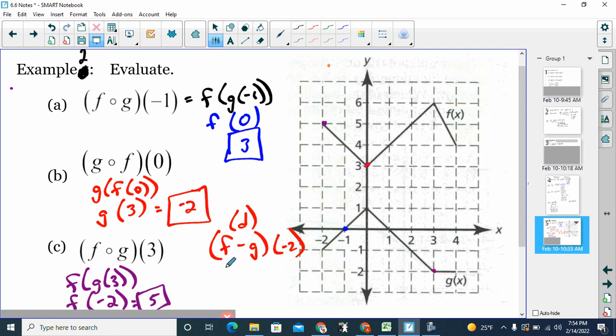And part D, f minus g of negative 2, I would do f of negative 2 minus g of negative 2. f of negative 2 is 5. g of negative 2 is negative 1. I guess 6.